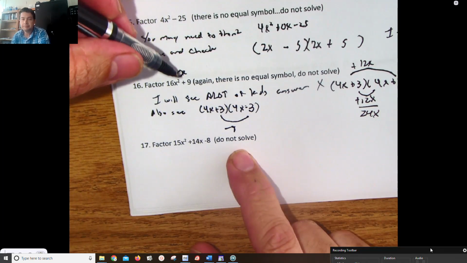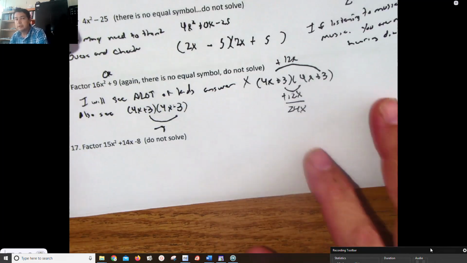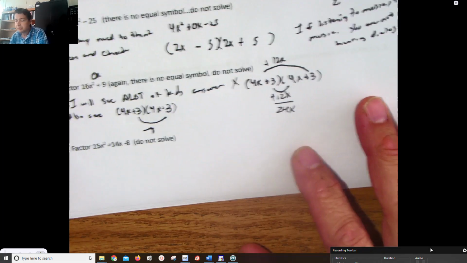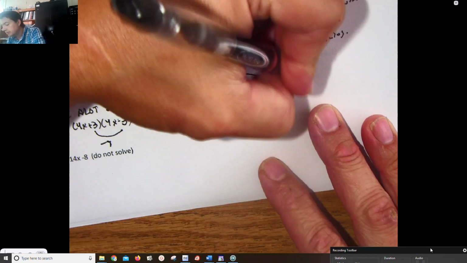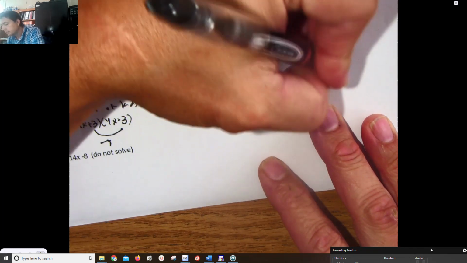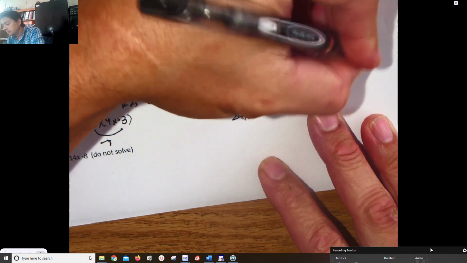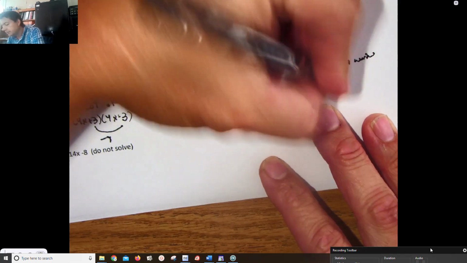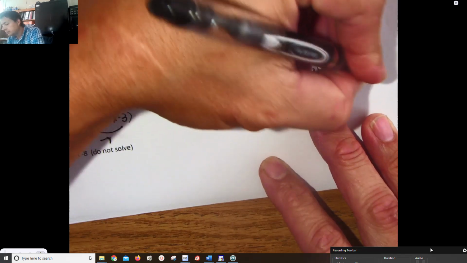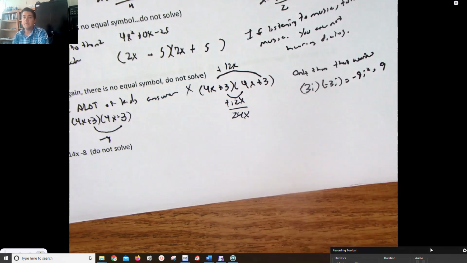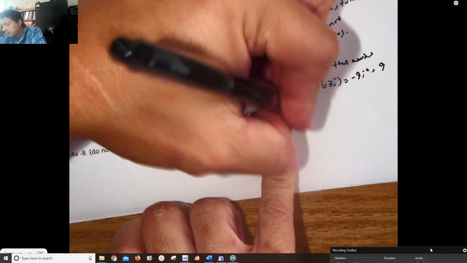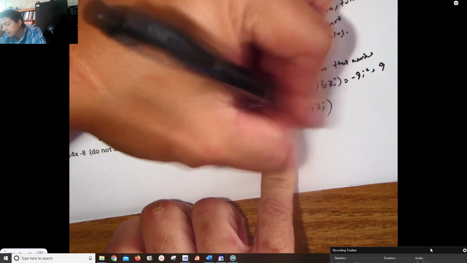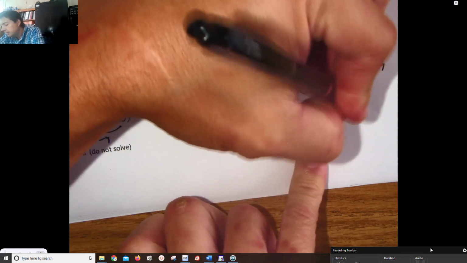Need positive 9. The only thing that works is to use imaginary numbers. 3i times a negative 3i is negative 9i squared, which is 9. We went over this. The correct solution is going to be 4x plus 3i and 4x minus 3i.